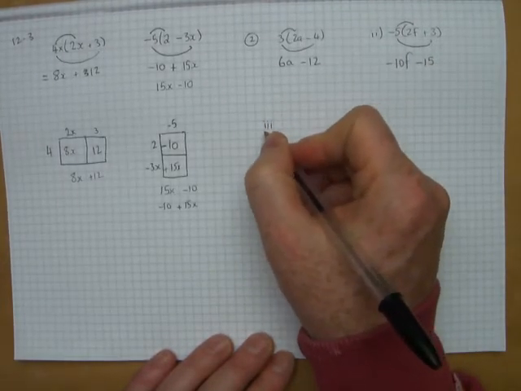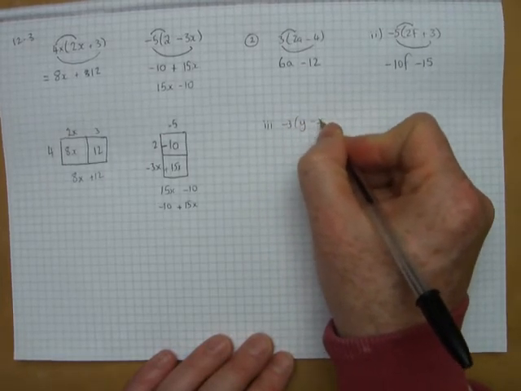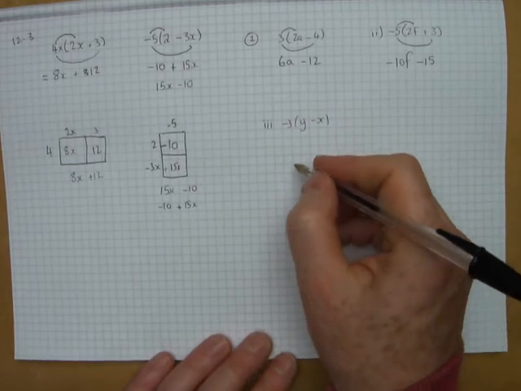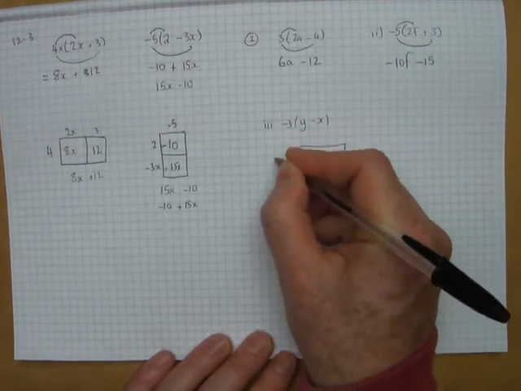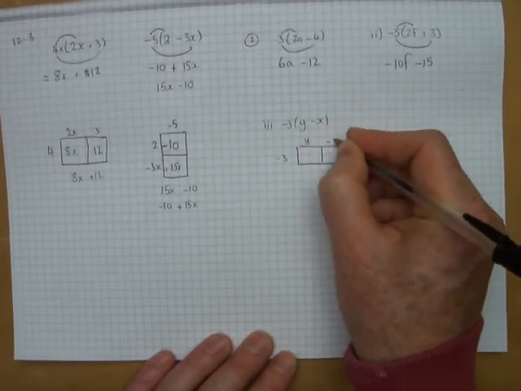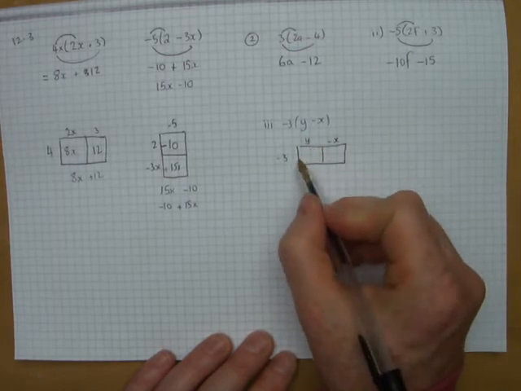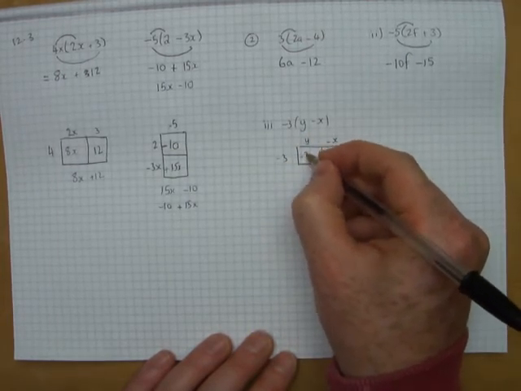The third part of example 2 is minus 3 times y minus x. Now I'm going to use the rectangle method and consider area in this case. And I'm going to put minus 3 on the outside and y and minus x on the top. The area is found by multiplying, so this is going to be minus 3y.